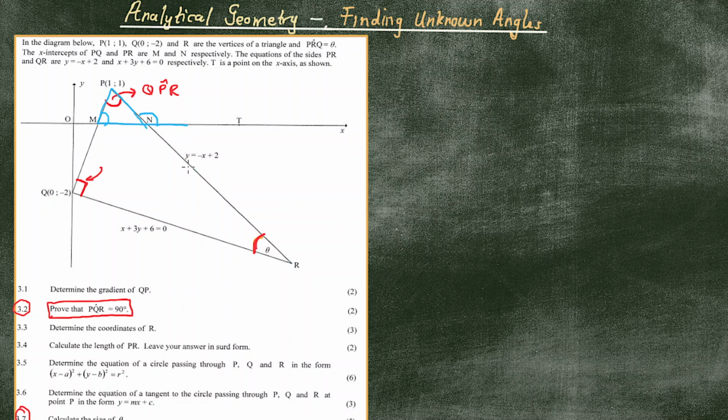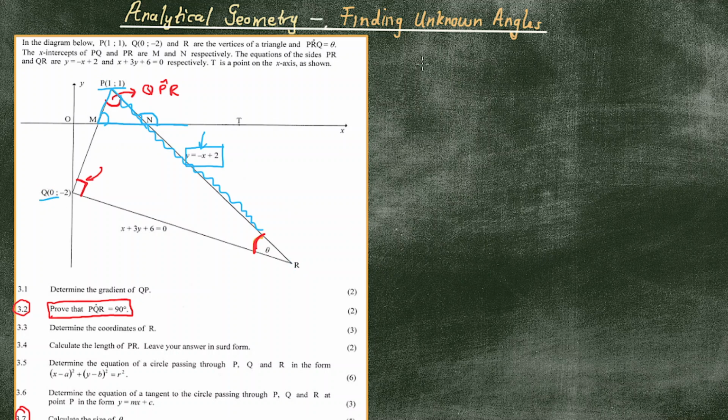Right? So fortunately for us, in this problem, we have the gradient for this line. They gave us the equation for the line. So the gradient is minus 1. Now we have to calculate the gradient for QP.